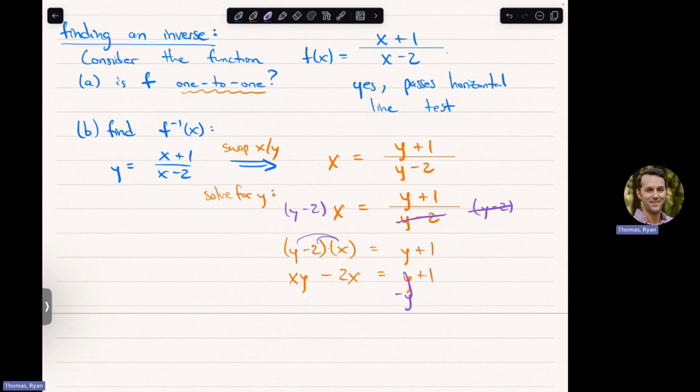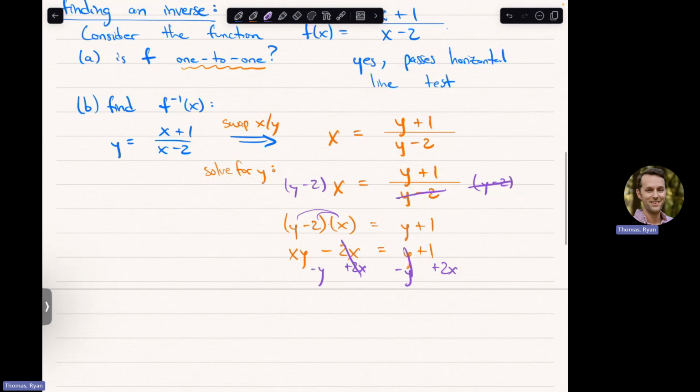So I can subtract y to move this over, so that I'm gathering y's on the left-hand side. That means I'm going to move everything else to the right-hand side, so I'm going to add 2x to both sides at the same time. So I've got xy minus y equals 1 plus 2x.